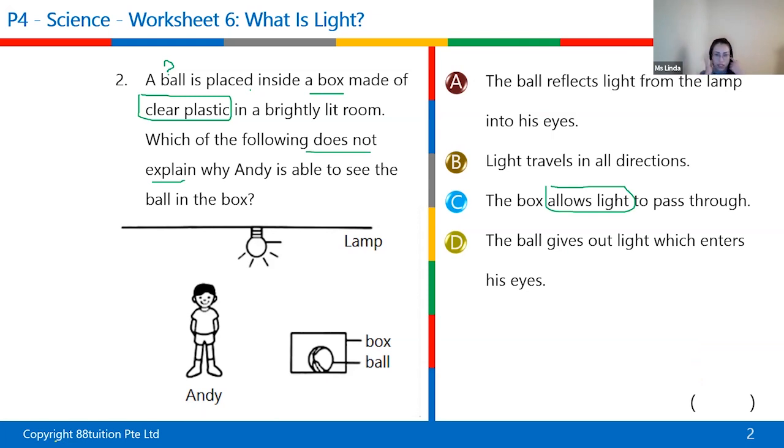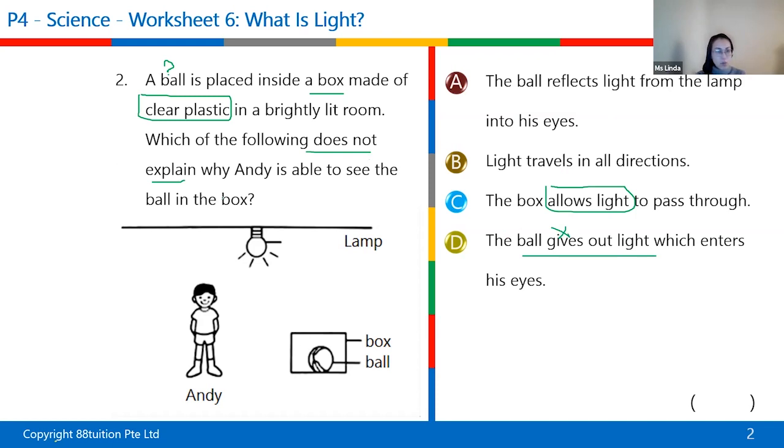Some objects give out light, like nowadays toys with a battery inside that light up and give a shiny effect. They didn't mention that the ball is that new technology. They just say a normal ball. So the ball doesn't actually give out light. So your answer, it doesn't explain.